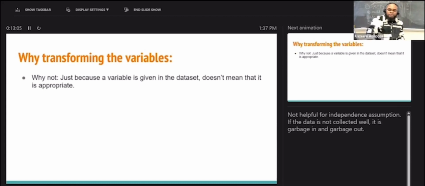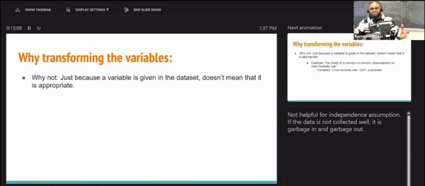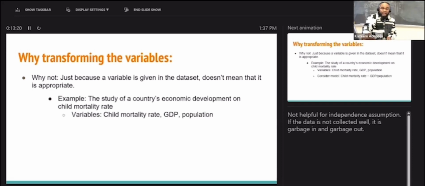So, while transforming the variables, number one, just because a variable is given in the data set doesn't mean it is appropriate. We have some variables that are wrongly specified. I'm going to give you an example now from economics: the study of a country's economic development on child mortality rates.